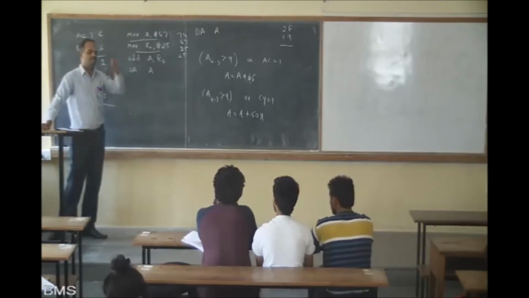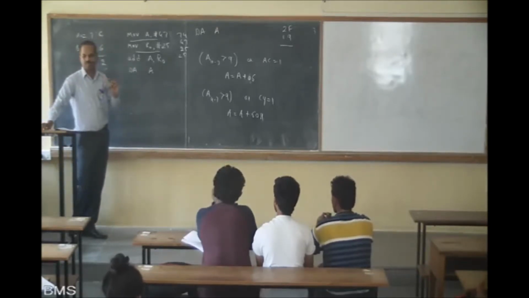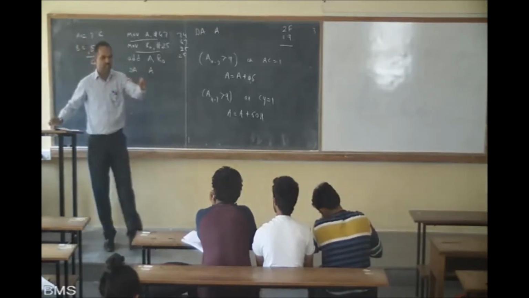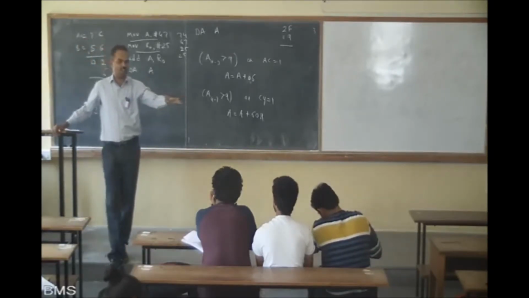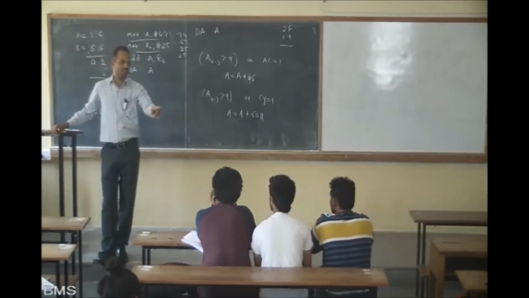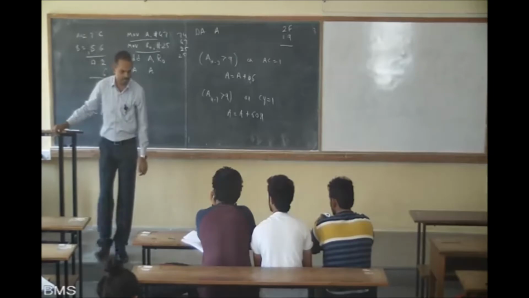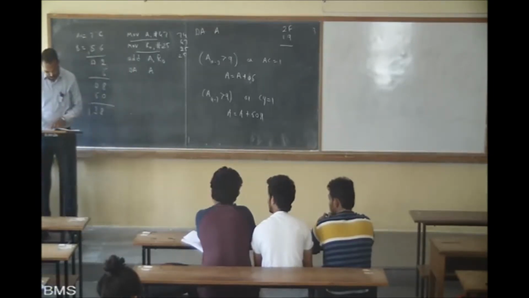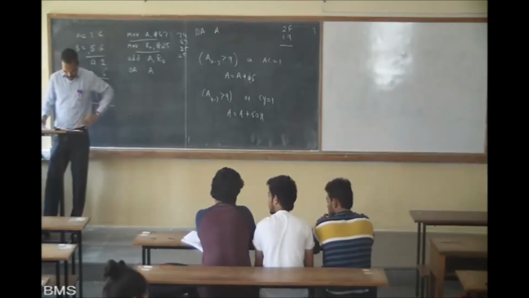I want you to do this in the lab also. After your arithmetic instructions, where you have written multiply, add, subtract, do this also. Please include this in the lab. Okay? Right. So, what do we have left?